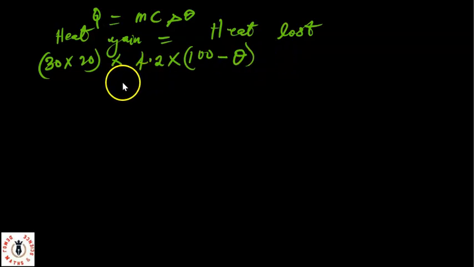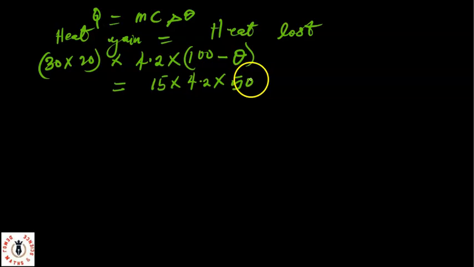Now this is equals to the heat gain, which will be by the 15 kg of water times specific capacity 4.2 times, now let's assume the temperature was raised, or it even has a lower temperature below 50, which we are not sure. Let's say 50 minus theta.